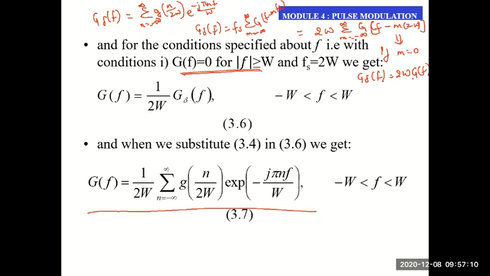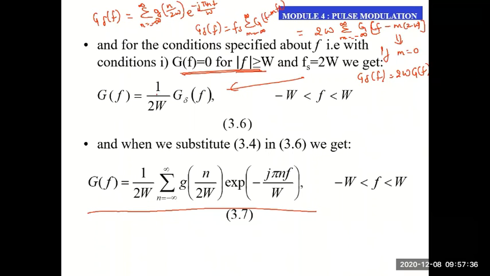So when we have considered a strictly band limited signal, and when I limit that F exists only till W, then I'll get this condition. And from that, we are getting G of F as 1 by 2W G delta of F. It exists only in this range.